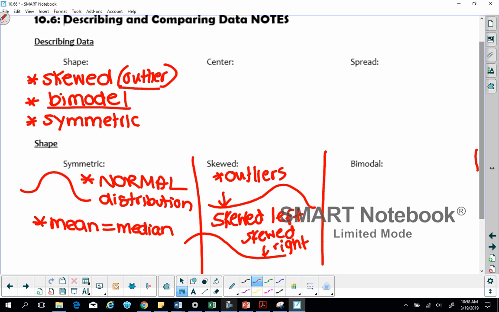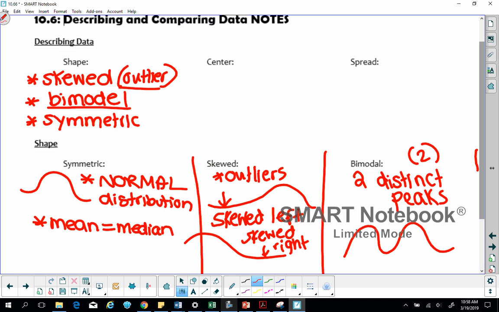The other one was bimodal, and that's when it has two distinct peaks. You remember that bi means two, so it looks something like this. That's like a histogram.